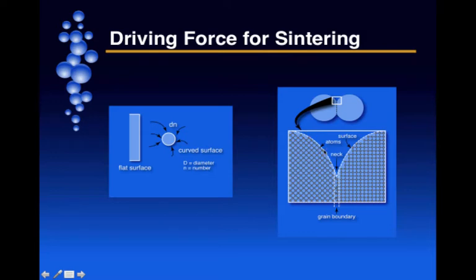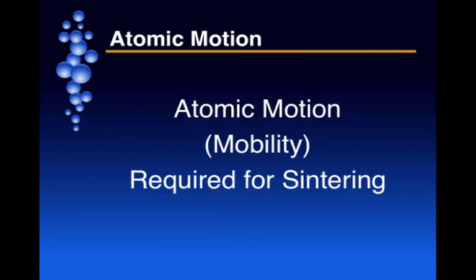Now when you bend that plane near the surface, the distance between nearest neighbors increases further, and there are defects that are generated as well, increasing the overall surface energy that is available for minimization by formation of necks. More grain boundaries, and so on. So these constitute driving forces for sintering.